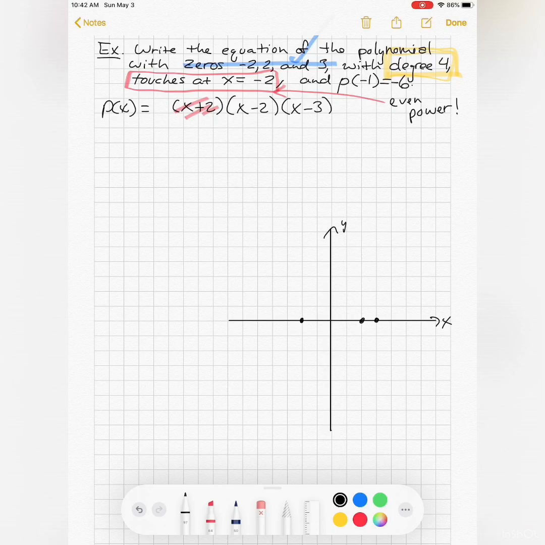I could put any even power like 6, say, except that the degree is 4. So that would limit me. It's going to have to be a power of 2, isn't it? Because if I put a power of 2 there, then I've got a degree of 4. And the graph touches at x equals -2. Okay, so that's all looking pretty good.